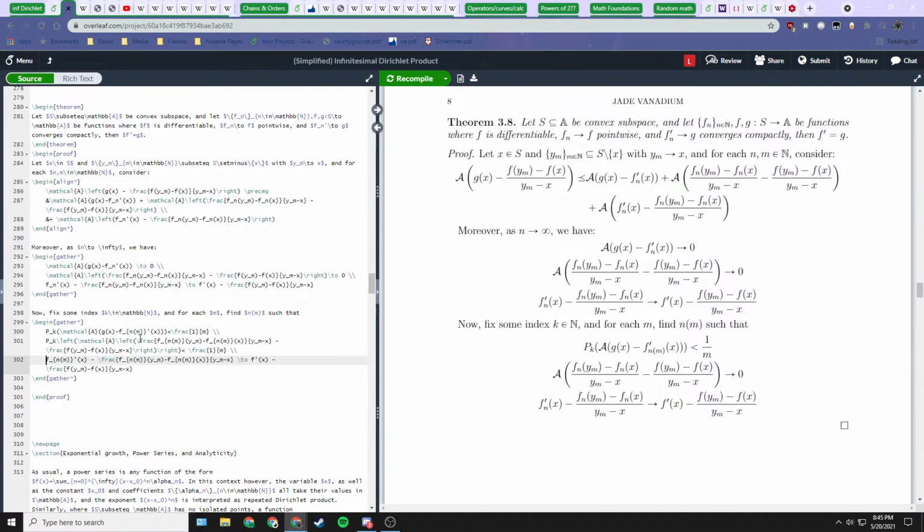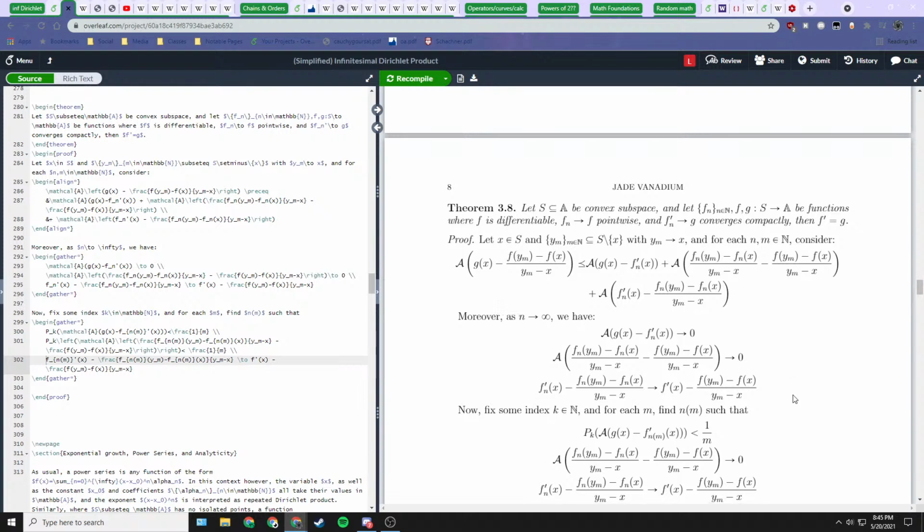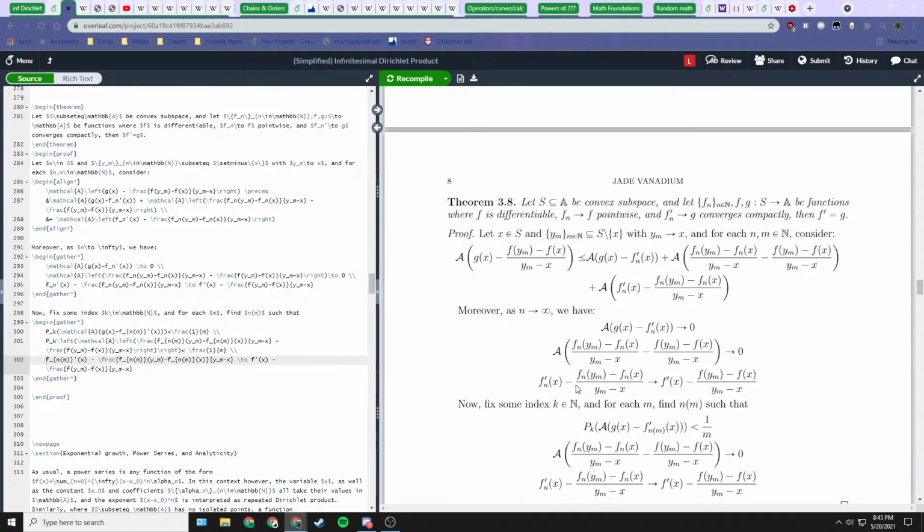Because this thing is going to that, we should actually just reframe that in terms of this. Yeah, we definitely should do that.